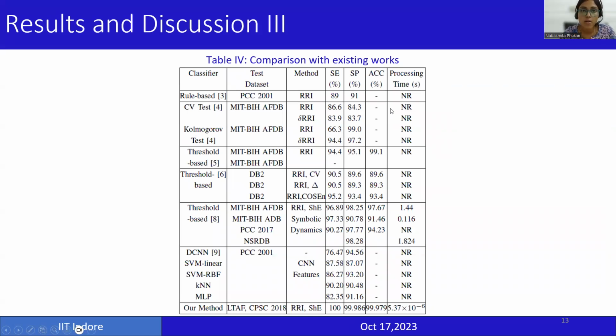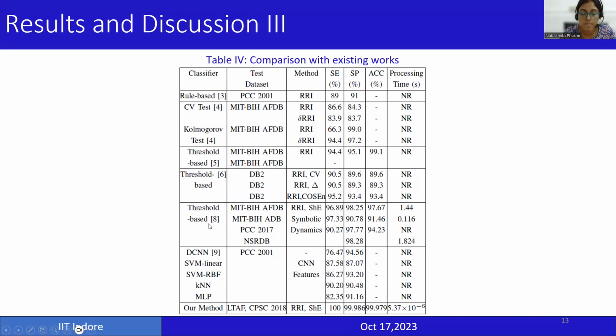Now, our work cannot be said to be the best without comparing with other existing works, and we have tried to compare with almost similar kinds of works that are available in the literature. From these, we have found that most of these works have not reported the processing time.